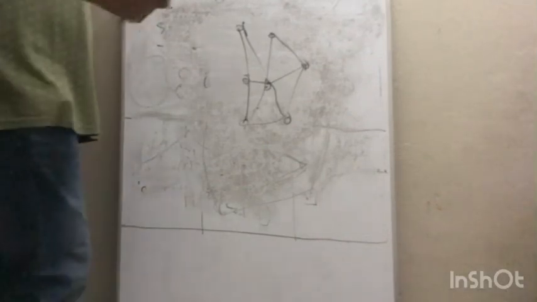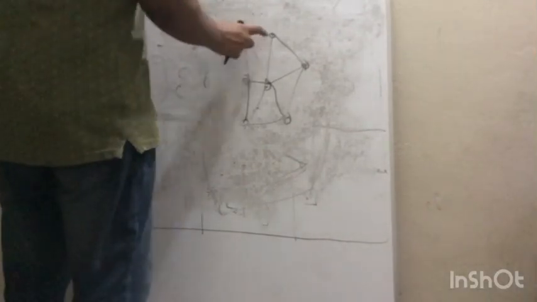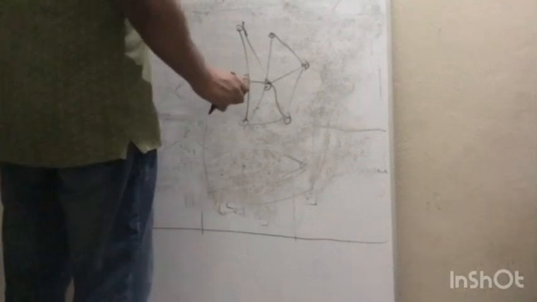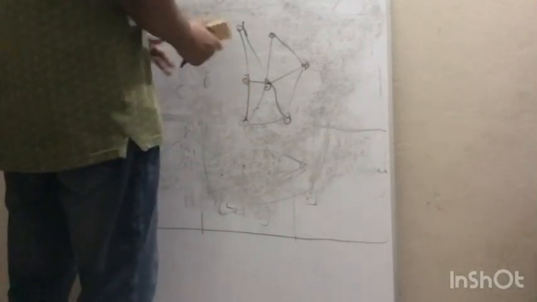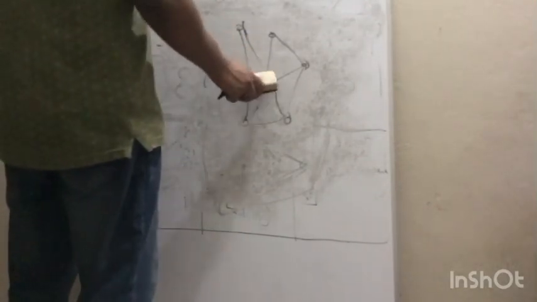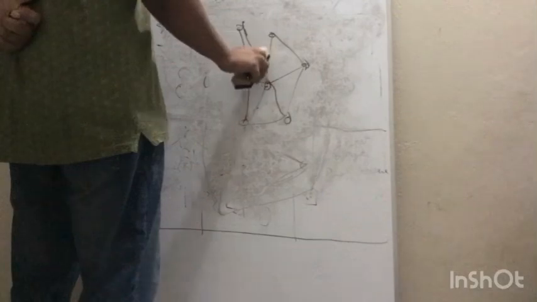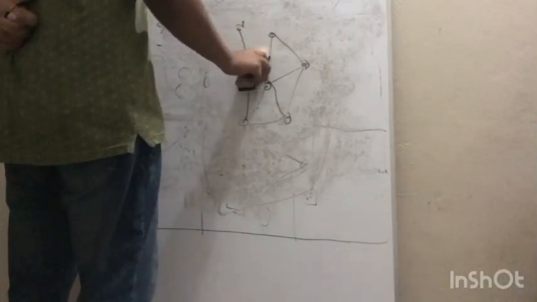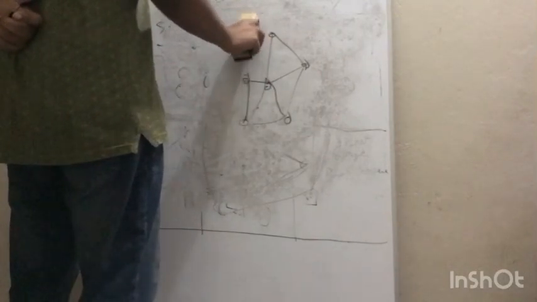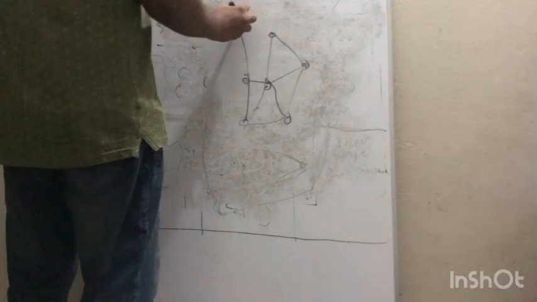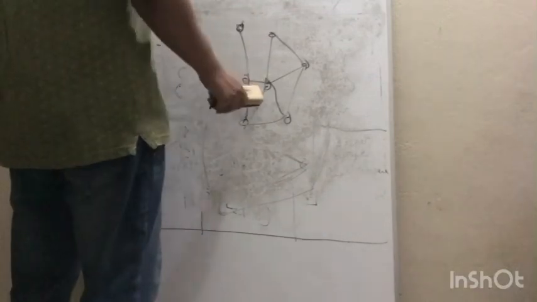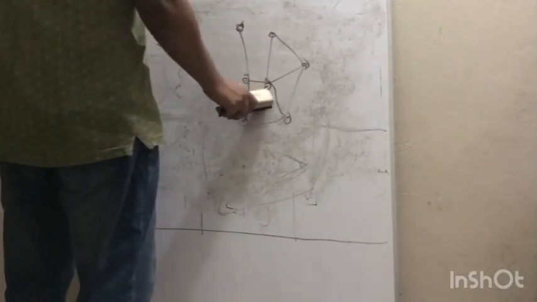We just take the vertices, and we keep only the necessary edges without any cycles. So remove it.